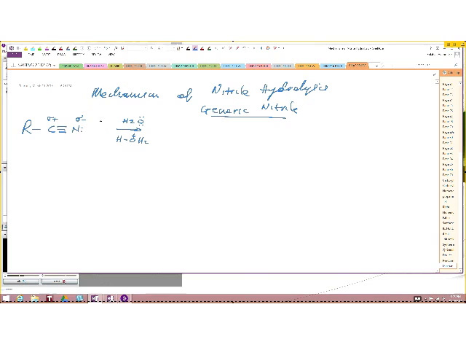Just as in the case of the carbonyl group, the non-bonding pair of electrons on nitrogen grabs the proton on the hydronium ion, and then you have this.